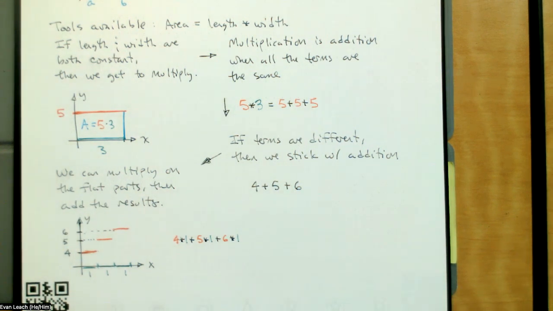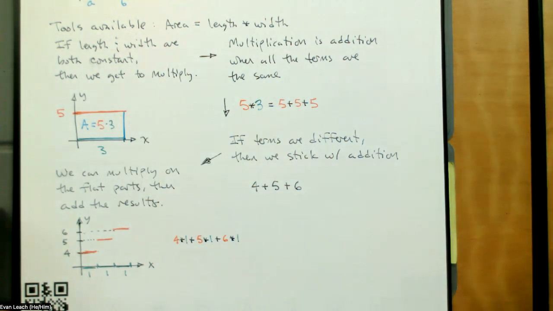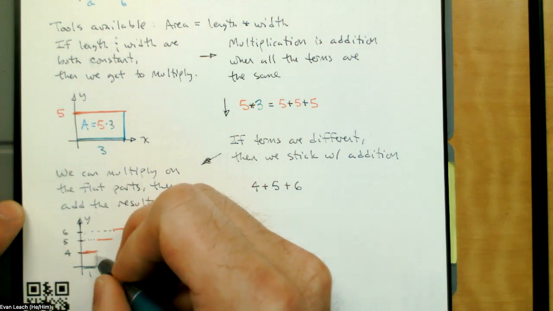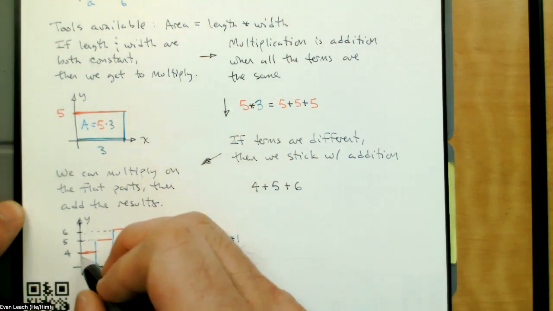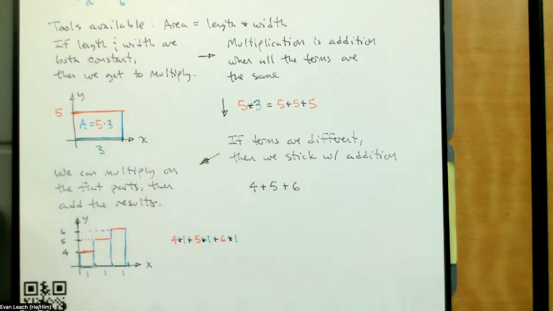I've got 1 4, 1 5, and 1 6, instead of 3 5s. So I multiply on this first rectangle, then I multiply on the second rectangle, then we multiply on the third rectangle, and we get our area that way.